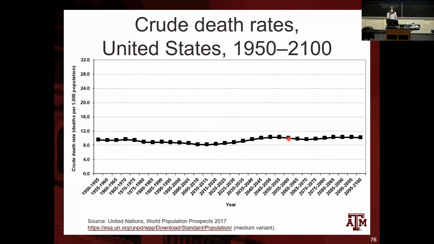So overall, around 10 people die in the US for every 1,000 people alive in the middle of the period. In the middle of the period, because I'm talking about rates, and the denominator is the population in the middle of the period, right? So actually we are around here, yes, actually we are at 8.5, not 10. So 8.5 deaths for every 1,000 people in the US per year, right?